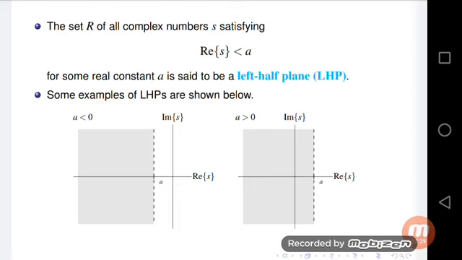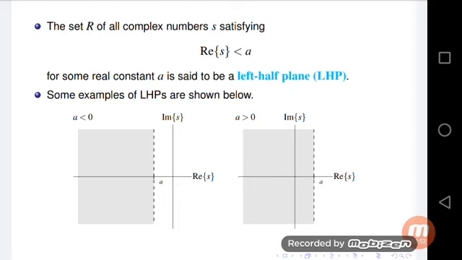a is a real constant, and when we increase a, the set R of all complex numbers s satisfying Re of s less than a changes.